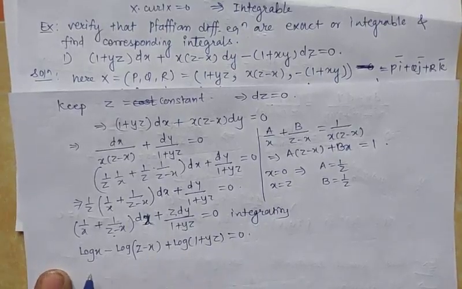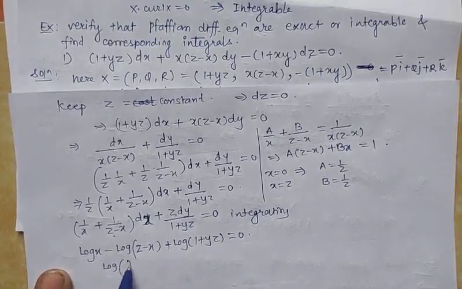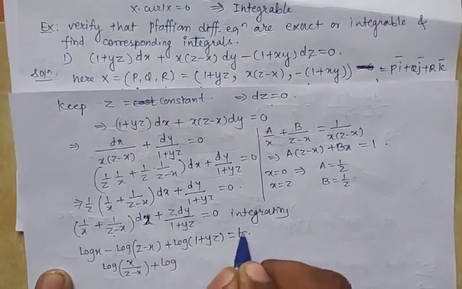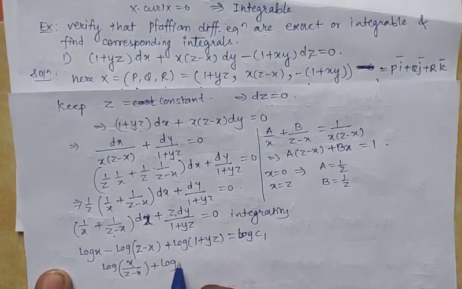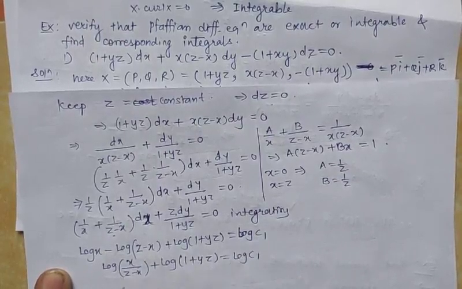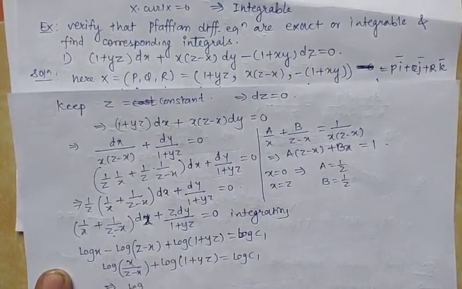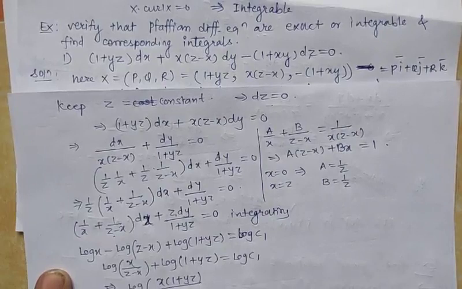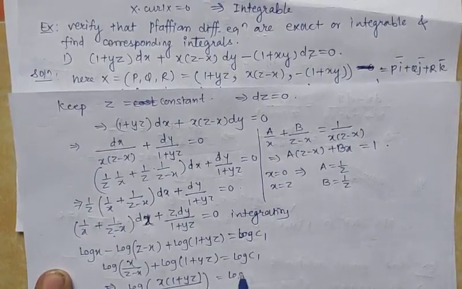So here we get log of x upon z minus x plus log of 1 plus yz is equal to log c1. So we get the solution log of x into 1 plus yz upon z minus x equal to log c1.